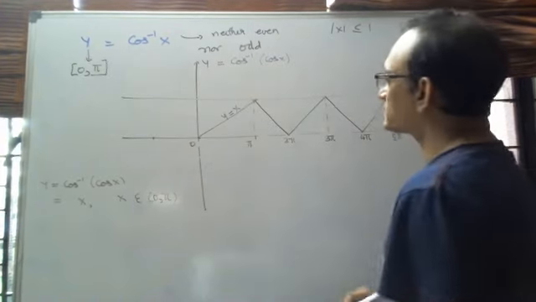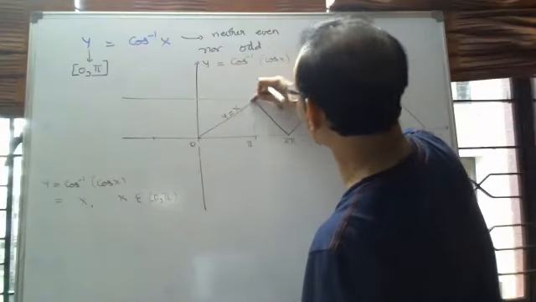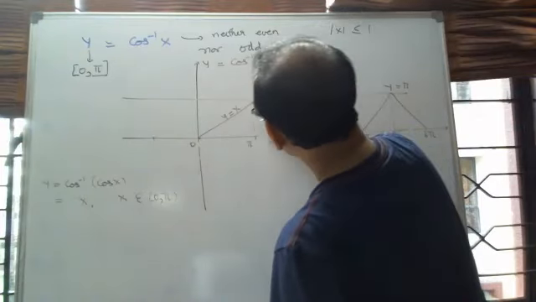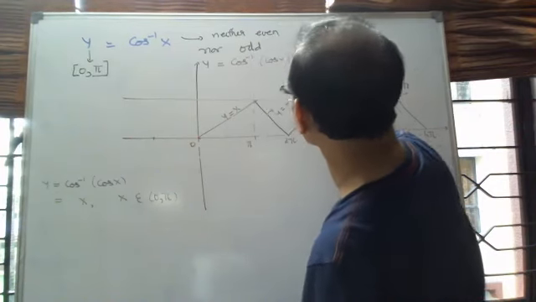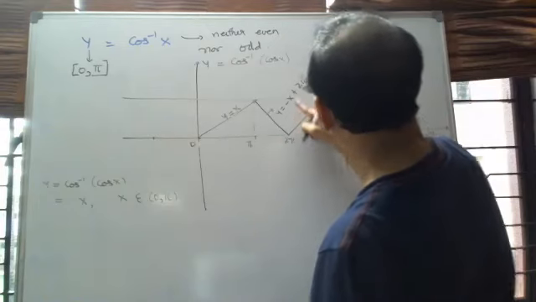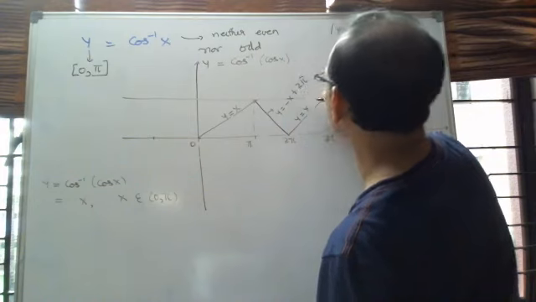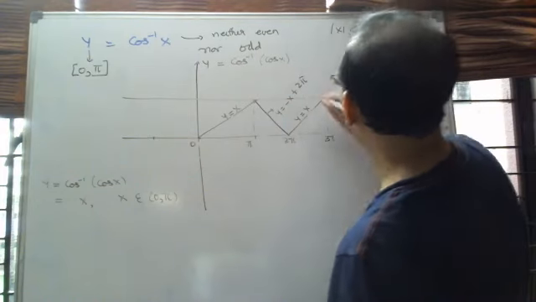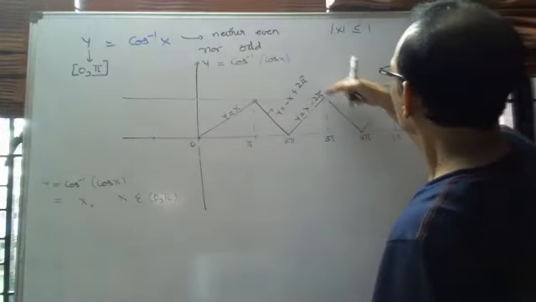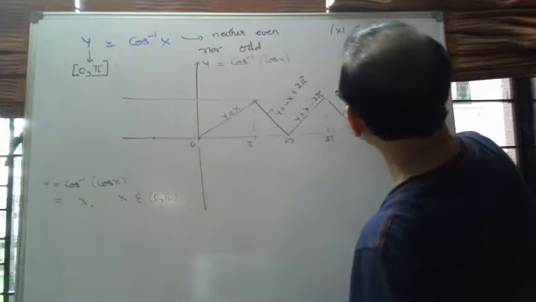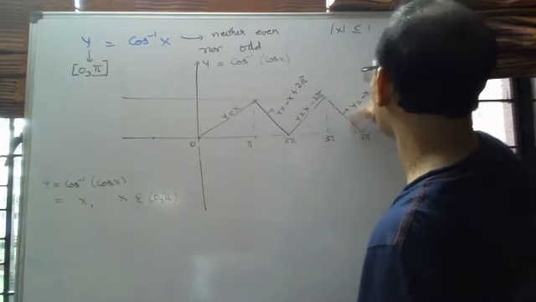Between 0 and pi, y equal to x has no issue, but from pi to 2 pi, the line perpendicular to this will come, y equal to minus x plus 2 pi, because at x equal to 2 pi the value is 0. This has slope minus 1, the next will have slope plus 1, y equal to x minus 2 pi. Then y equal to minus x plus 4 pi.